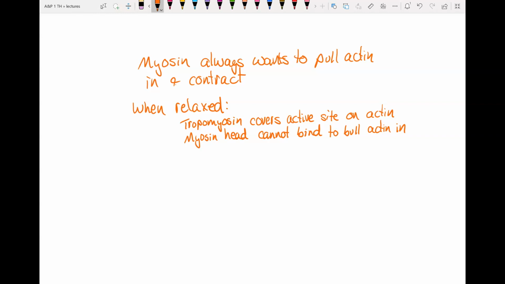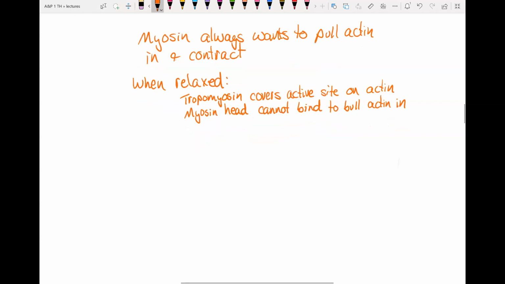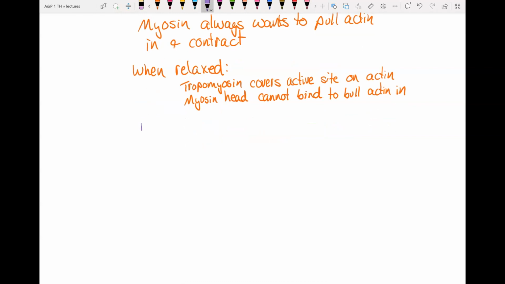Now let's look at what happens when your brain wants the muscle to contract. Your brain's going to send a signal through a nerve. And that nerve is going to cause an electric signal on the sarcolemma.